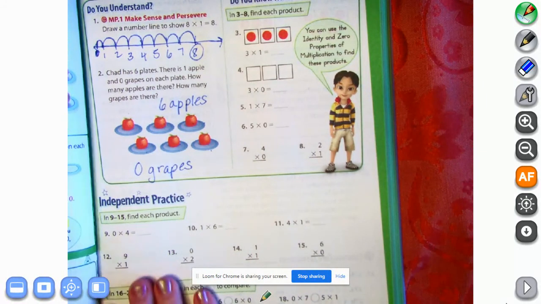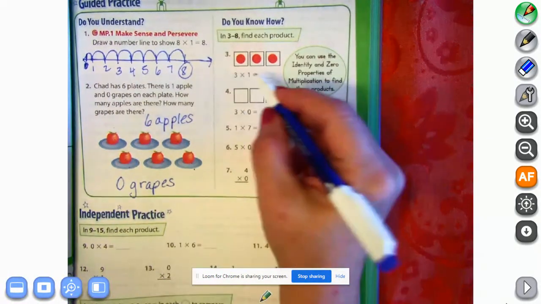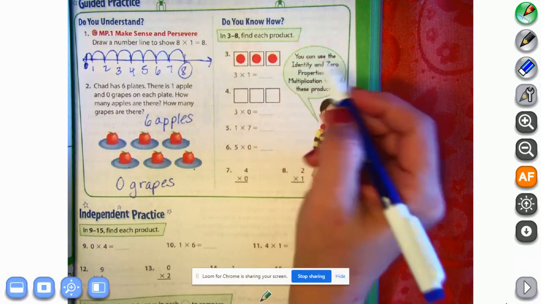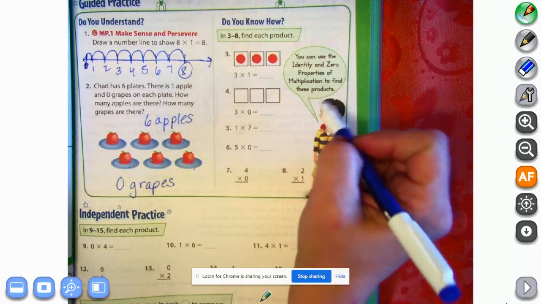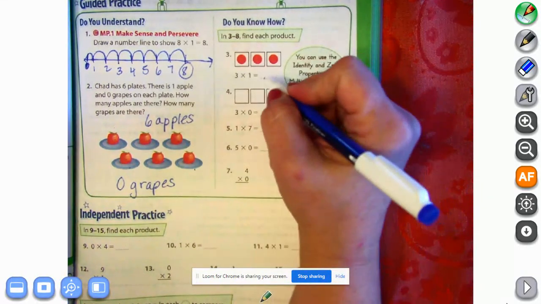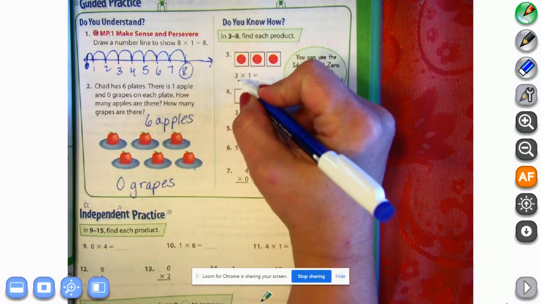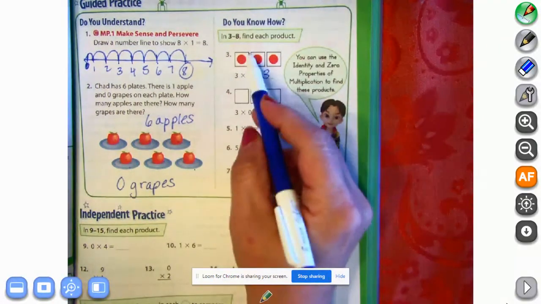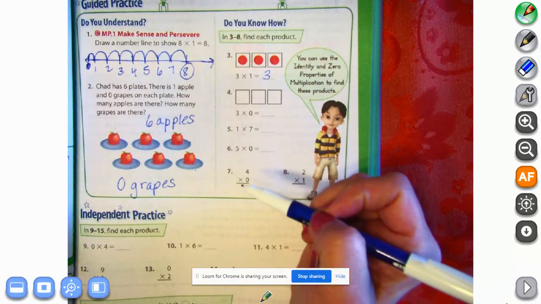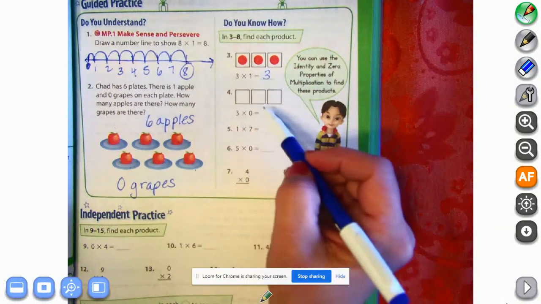Okay, let's go over here. Number 3 says you can use the identity and the zero properties of multiplication to find these products. So we know that any number times 1 is going to be that first number. So 3 times 1 is 3. There are 3 things in groups of 1. There are 3 groups of nothing.